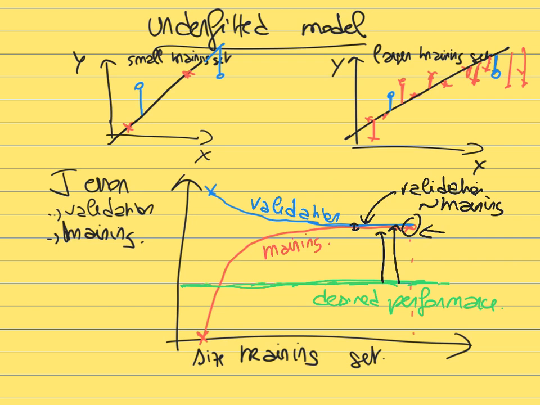And the last signature of an underfitted model is that it learns very fast. By that, I mean that the error converges very quickly, and then the error doesn't change. It means that when you increase the size of the training set, it doesn't learn more.